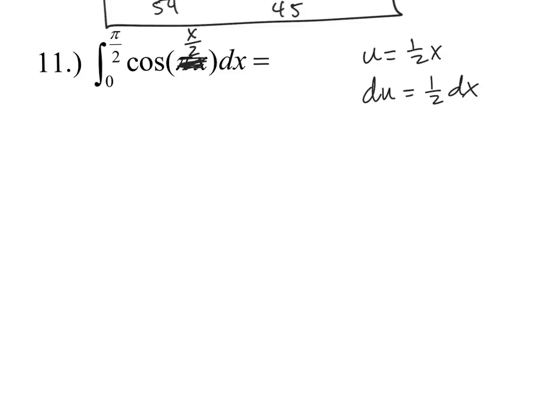Now when we talk about making substitutions, first of all, x over 2 I can replace with u, and then the dx I can replace with du as long as I balance.